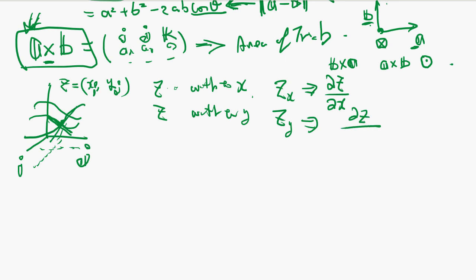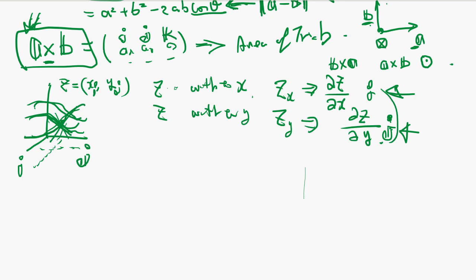Then any direction can be a combination of these using the vectors I and J. So the slope of this multivariable function can be described by this slope vector combination, right?